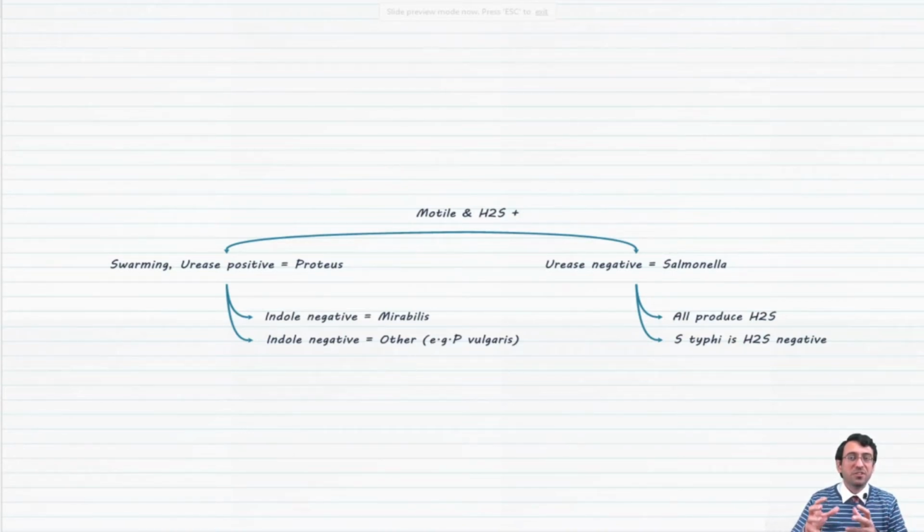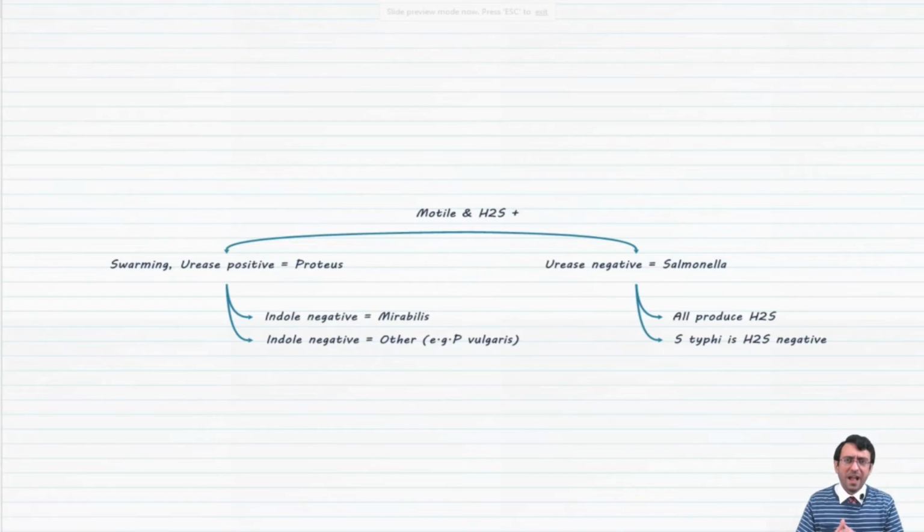So always use this SHIPS acronym to memorize this most high yield part of this entire lecture. SH and Y, PNS. And also you can think of it this way: a ship usually doesn't move initially and then it starts moving. In this case, not only do the last 2, PNS, Proteus and Salmonella, move, but they also produce some gas. So they are the motile ones that produce gas.